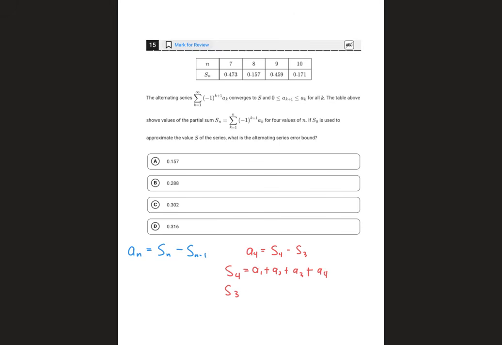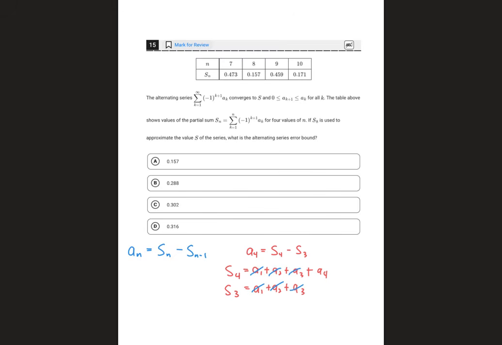And then S3 is the first 3 terms, A1 plus A2 plus A3, right? So if you do S4 minus S3, you can just see everything cancels and you're just left with A4, right? So if you subtract the sum of the first 4 terms with the sum of the first 3 terms, you're just going to be left with the 4th term.